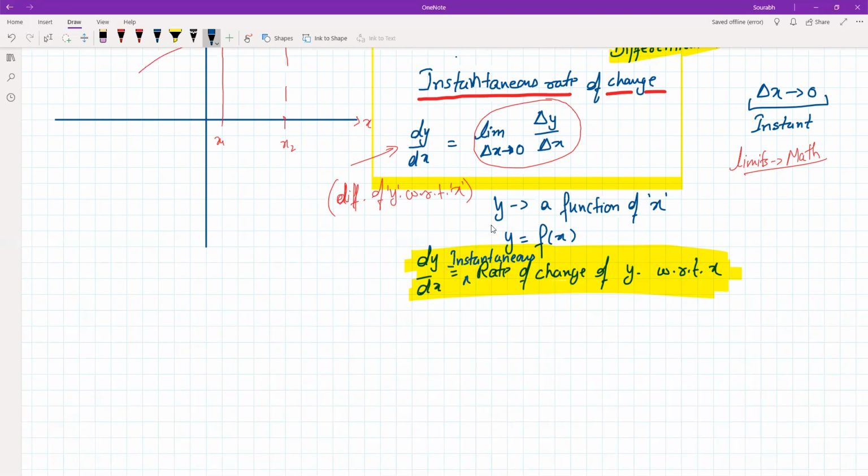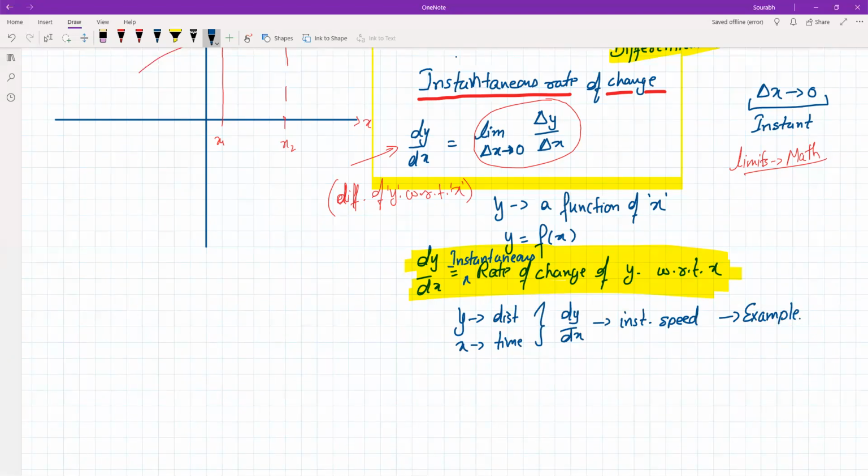Is it clear? So if y is distance, x is time, dy by dx will be instantaneous speed. That is an example of that.